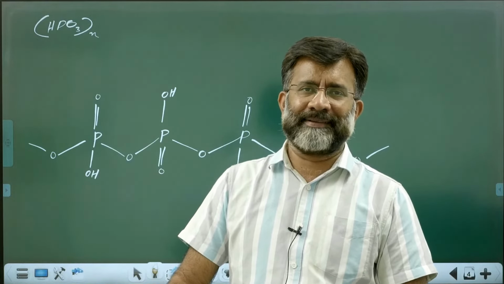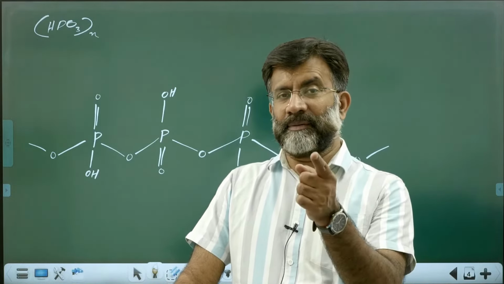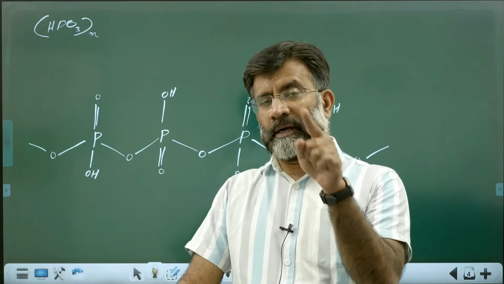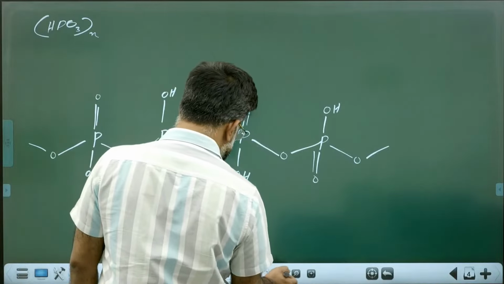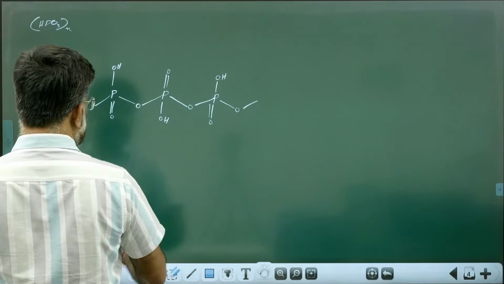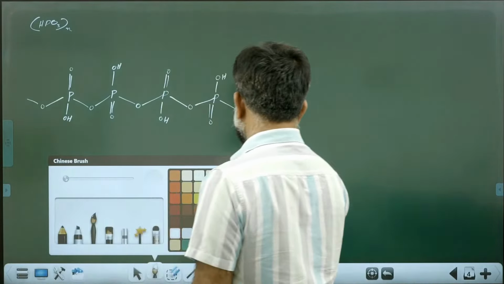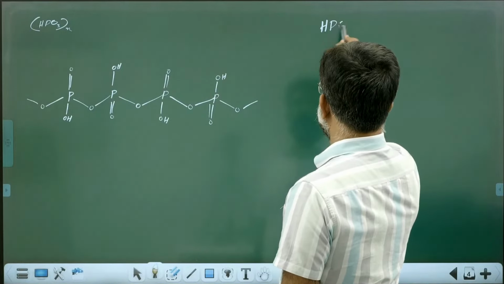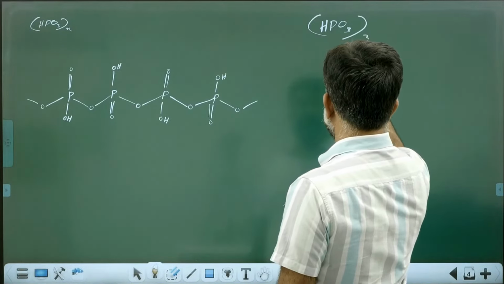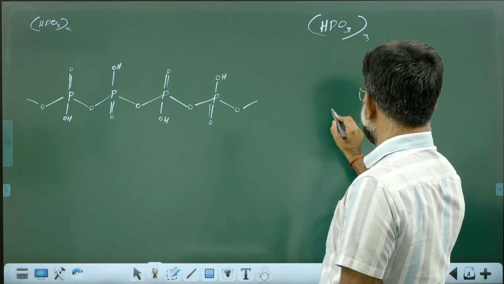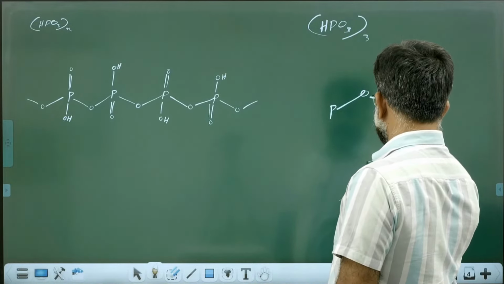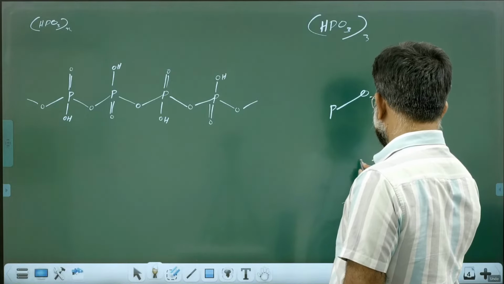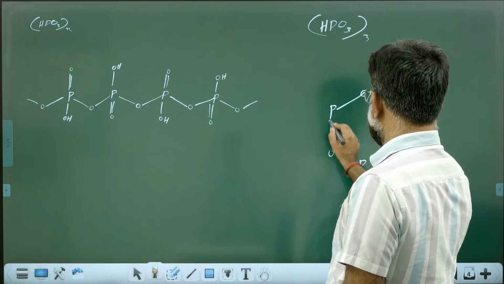It is available in the cyclic form, cyclo-trimetaphosphoric acid, and various varieties are there. Cyclo-trimetaphosphoric acid, HPO3 3 times. You can do it like this. Phosphorus, oxygen, phosphorus, oxygen, phosphorus, oxygen like this.